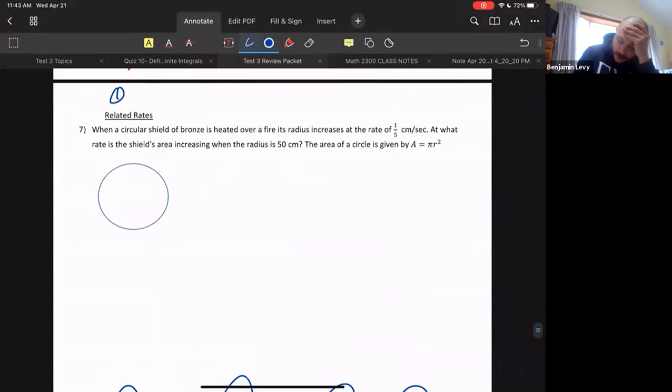You want to draw a picture. That's why the circle's there. The reason we draw a picture is because we want to note what's changing in it. Because the things that are changing are functions of time.